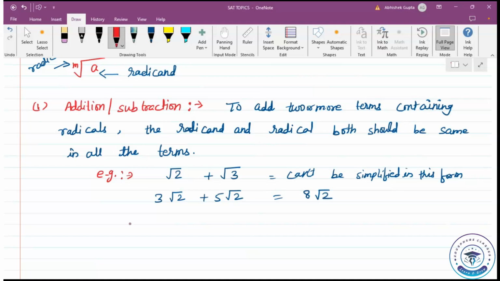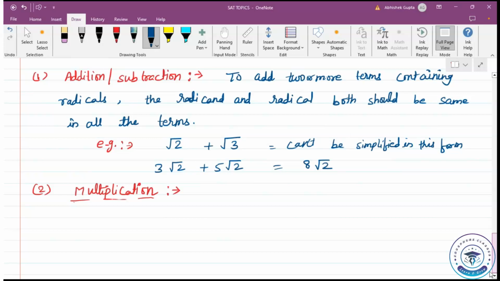Now, the next rule is about multiplication. In multiplication, we have different rules.